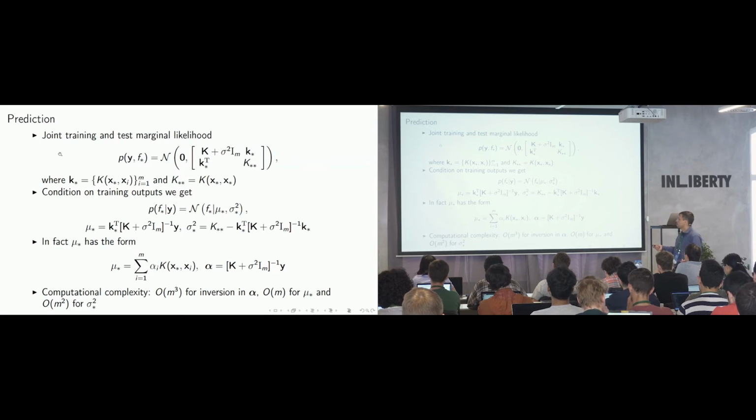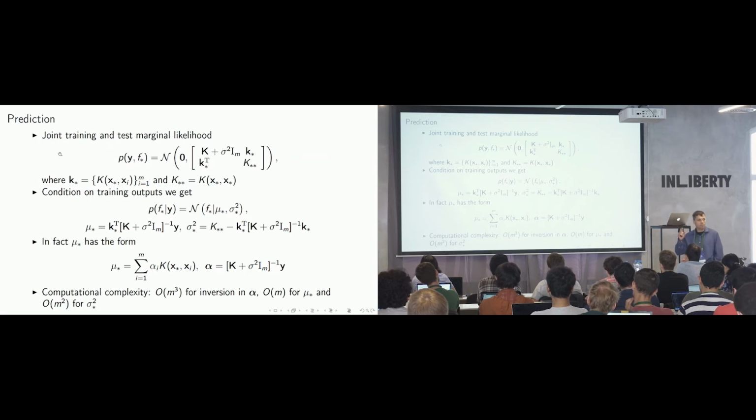Here, this is a matrix of size m by m. This is a vector of size m, and this is a vector of size m which depends on the value of x star. This is the only quantity which depends on the new point.